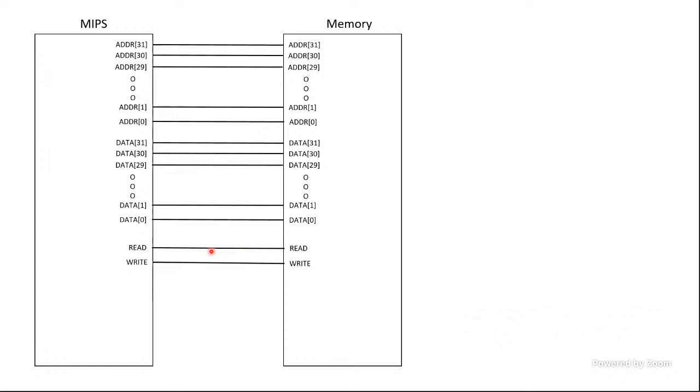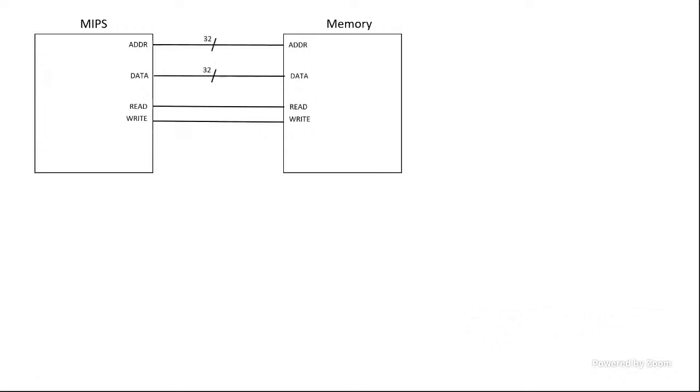For example, if this read bit is set to 0 and write bit is set to 1, that means the MIPS processor is trying to write into the memory. So they are not clubbed together, but we club together the address and data. They are individually clubbed together and represented as a very simplified diagram.